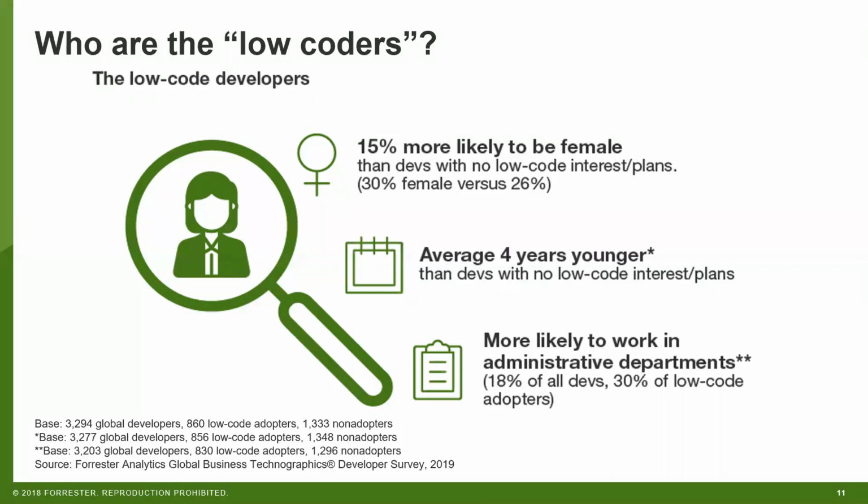They are a little bit younger, not tremendously younger. 4 years is not a huge delta. And low code is not a game for new developers, we find. Oftentimes, very experienced developers will adopt low code, but they do tend to be a little bit younger.